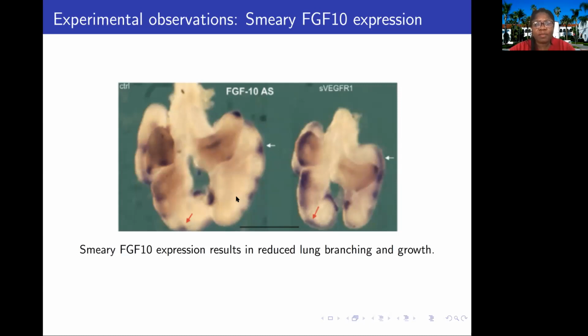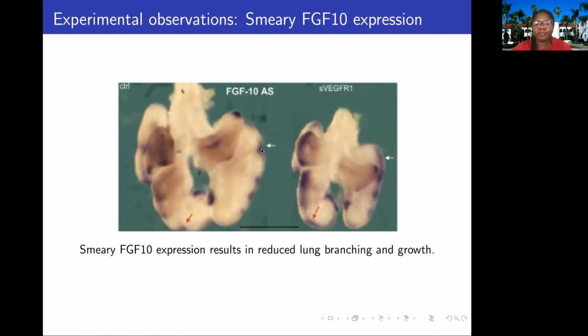We know from experimental observations that FGF10 expression changes in space and time. So the question now is, how do we take the models that we've done in the past, those ideas of how geometry affects lung branching, and expand them into fully modeled lungs?